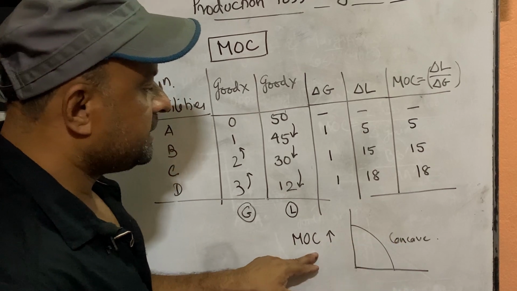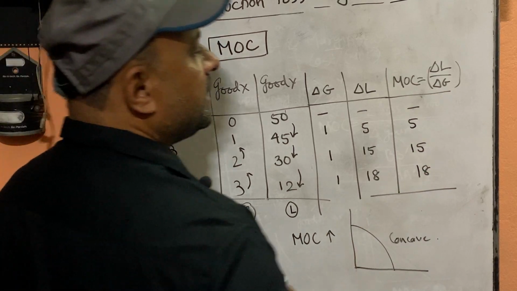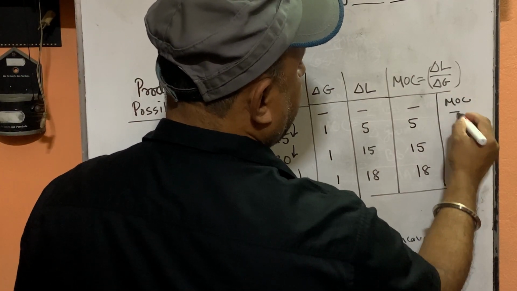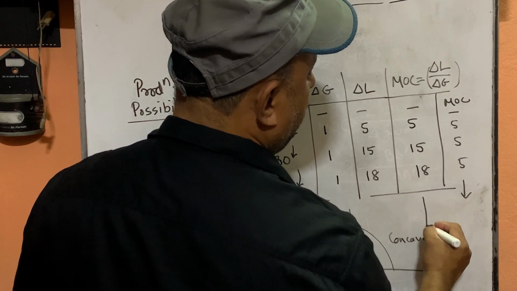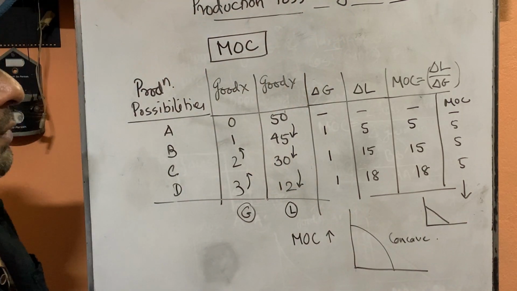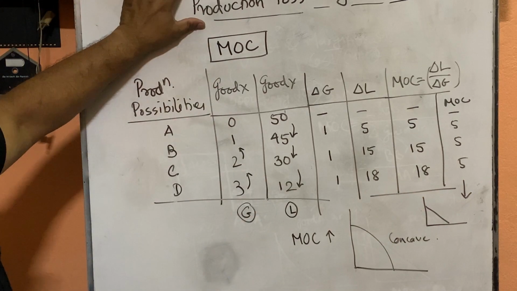If MOC is decreasing, it will be convex. If MOC remains constant, suppose in all the cases MOC is 5, 5, 5, then our PPC will be a straight line. Okay. So that's all about our production possibility curve.